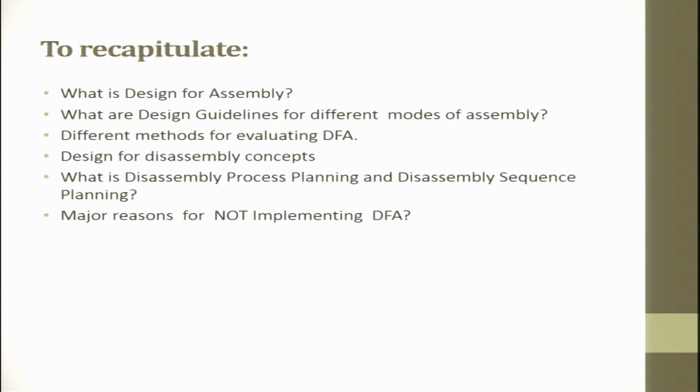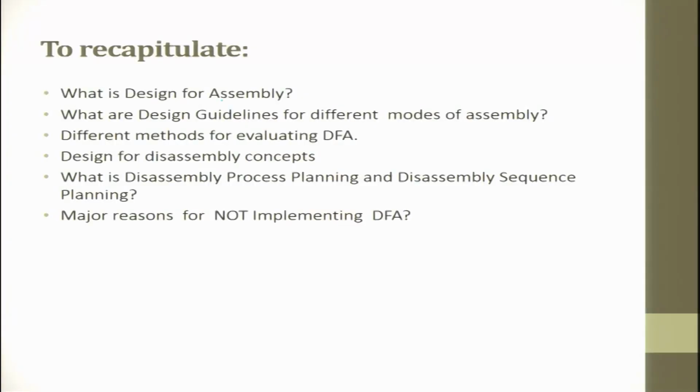So, to recapitulate what we saw in this lecture series on design for assembly and disassembly: what is design for assembly, what are design guidelines for different modes of assembly, different methods for evaluating DFA, design for disassembly concepts, what is a disassembly process plan and different types in it, disassembly sequential planning, major reasons for not implementing DFA.